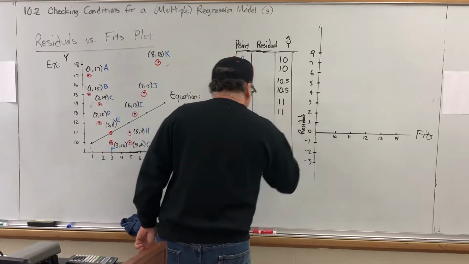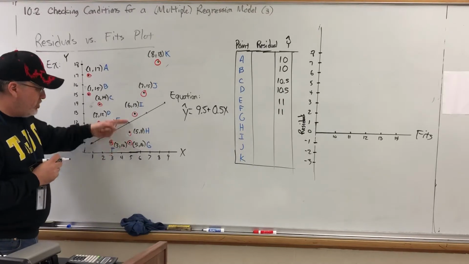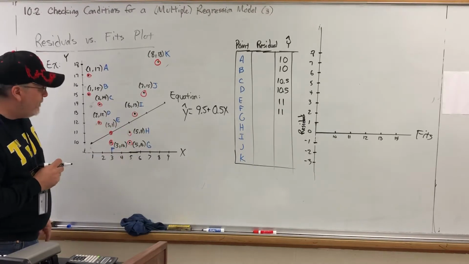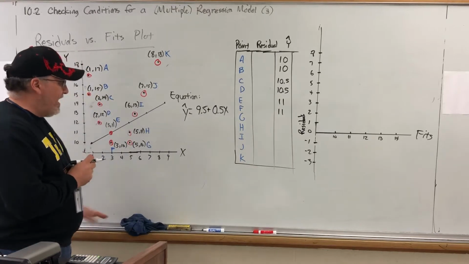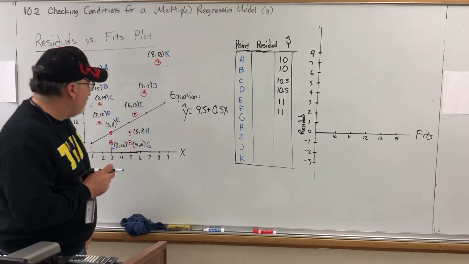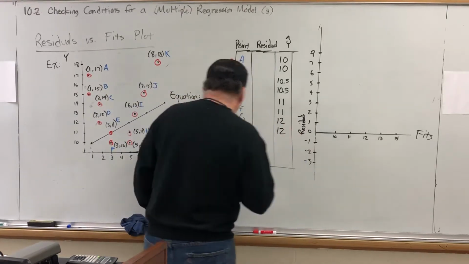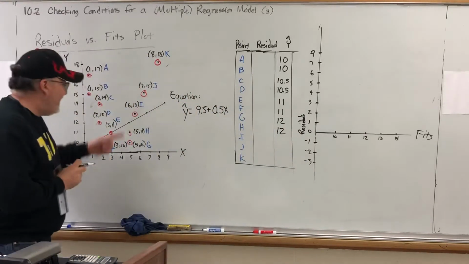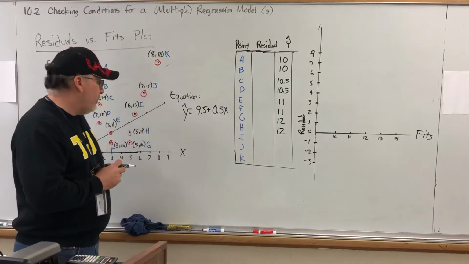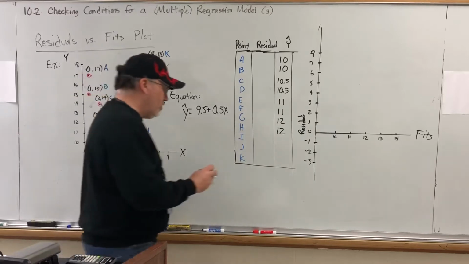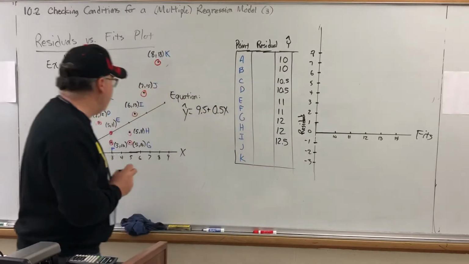So E and F both have predicted y values of 11. G and H both have x values of 5. So if we substitute 5, then we would get 9.5 plus 2.5, which is 12. Point I has an x value of 6, so if we substitute that here, we would get 9.5 plus 3, which is 12.5. So 12.5 is the predicted value for point I.